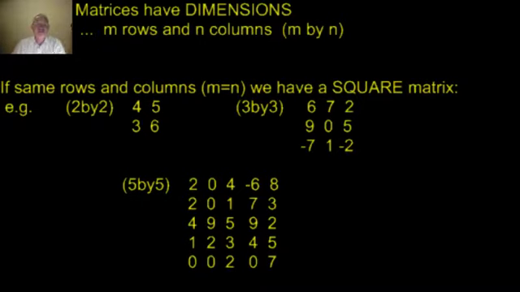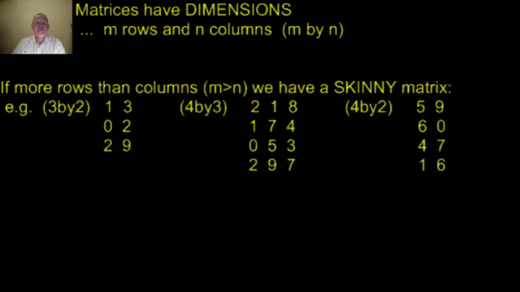Here are some square matrices. It's pretty obvious why they are square, because when you see them they look like squares rather than long rectangles. If you've got more rows than columns, then we talk about having a skinny matrix. Here are some examples of skinny matrices, where the number of rows m is more than the number of columns.